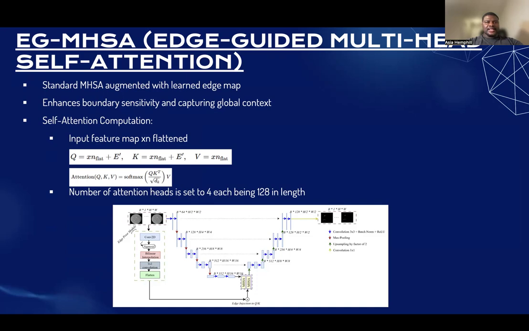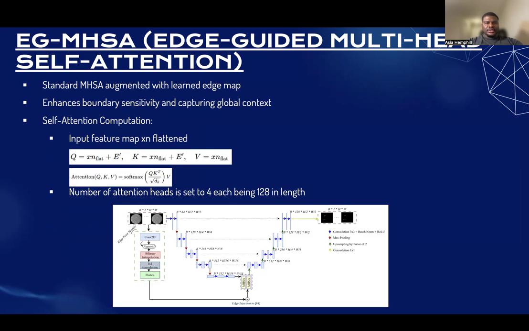Now I'll talk about the edge-guided multi-head self-attention modules. We use the standard multi-head self-attention augmented with the learned edge map. This enhances boundary sensitivity and captures better global context. The self-attention computation is done using these equations.